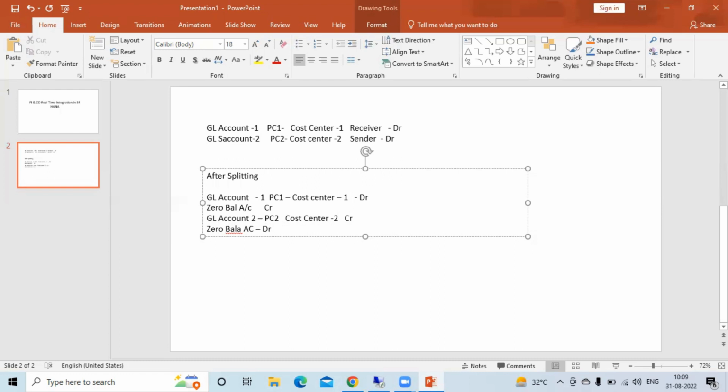With this entry, you can see our trial balance is going to match for our profit centers, profit center 1 and profit center 2. To understand this in a better way, let's take an example. Here, assume that I have cost centers.